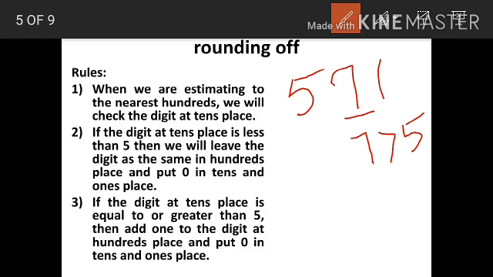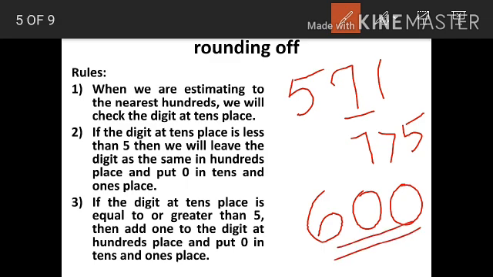That is, if we add 1 to 5, we'll get the answer as 6. Then we have to put 0 in both tens and ones place. So when we put 0 in both the places, we'll get the answer as 600. So when we are rounding off 571, we'll get the answer as 600.